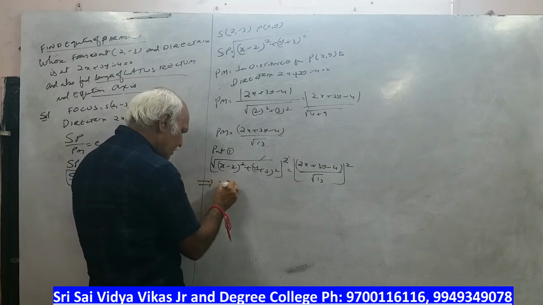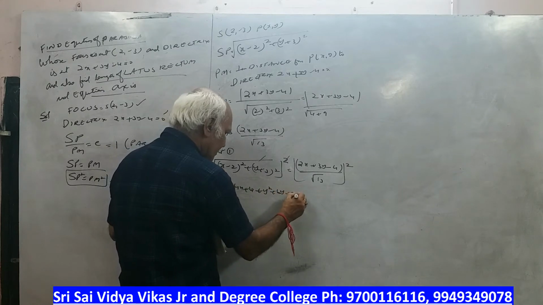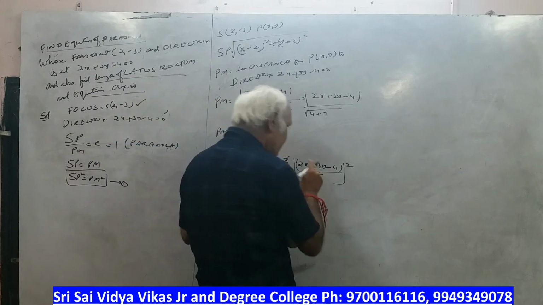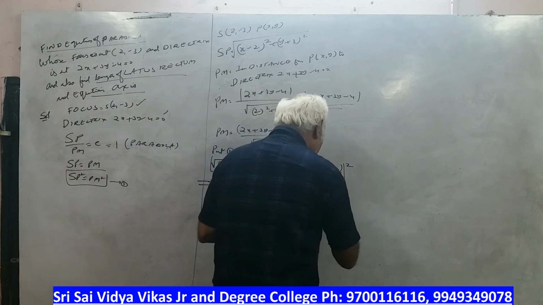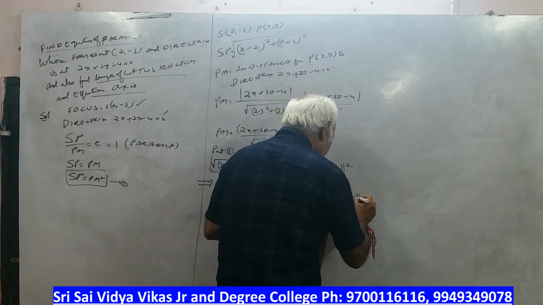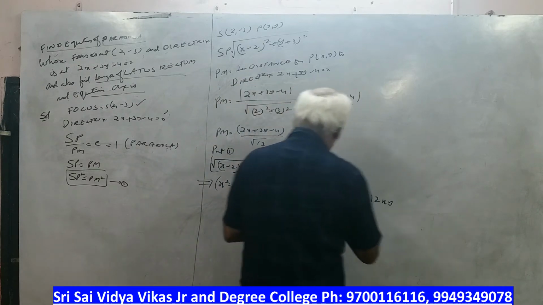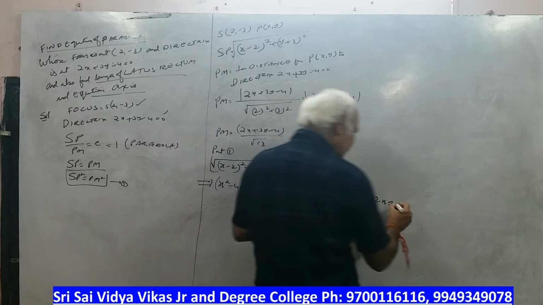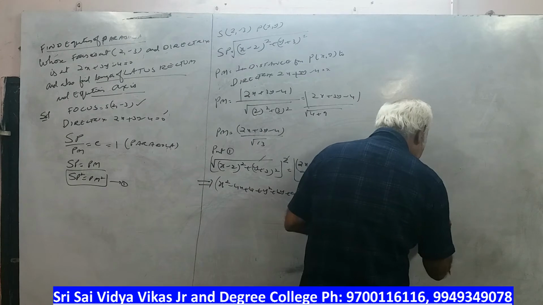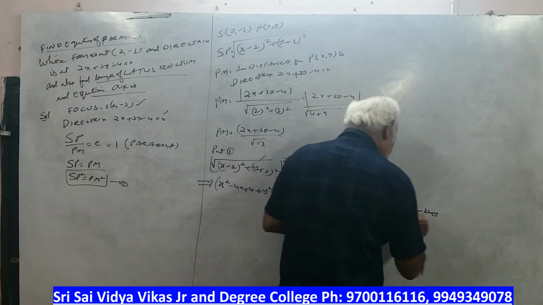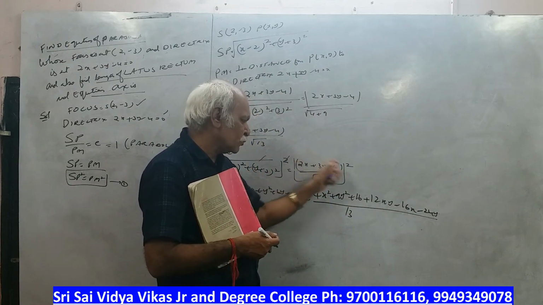Now look here. x square minus 4x plus 4, y square plus 6y plus 9. For the expansion of (a + b + c) whole square, we use a square plus b square plus c square plus 2ab plus 2bc plus 2ca.